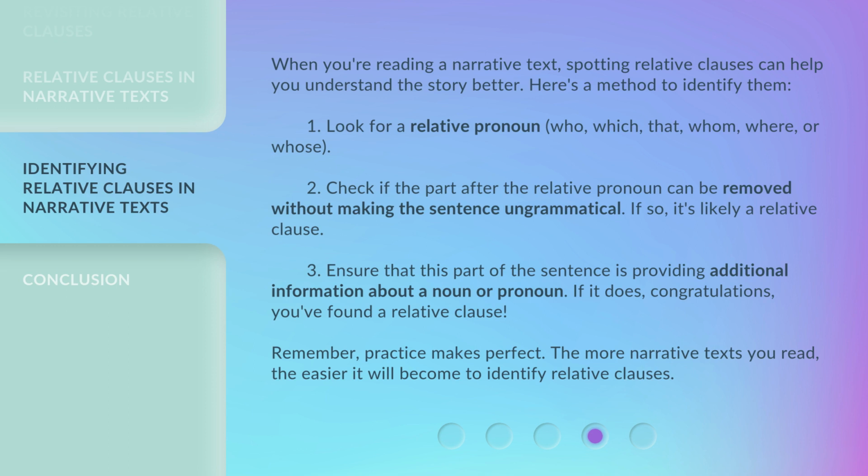If so, it's likely a relative clause. 3. Ensure that this part of the sentence is providing additional information about a noun or pronoun. If it does, congratulations, you found a relative clause. Remember, practice makes perfect. The more narrative texts you read, the easier it will become to identify relative clauses.